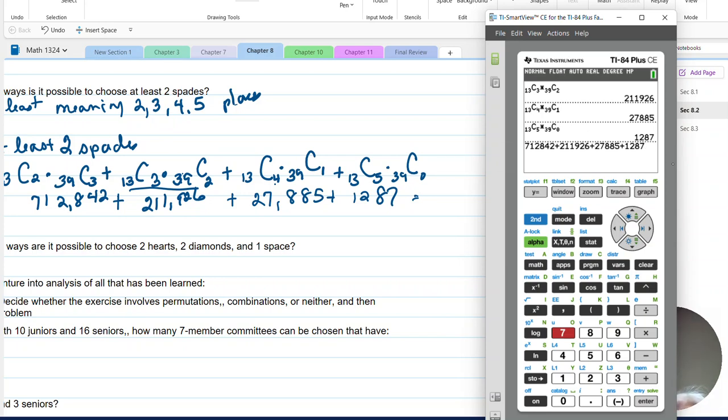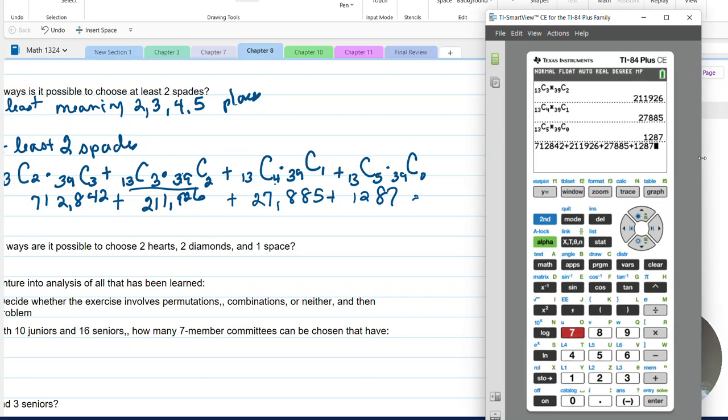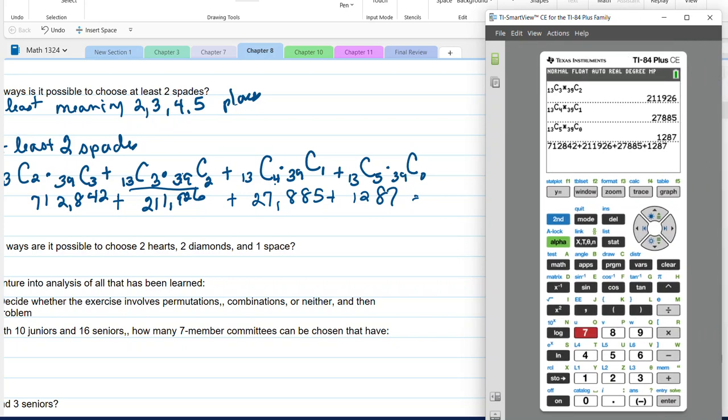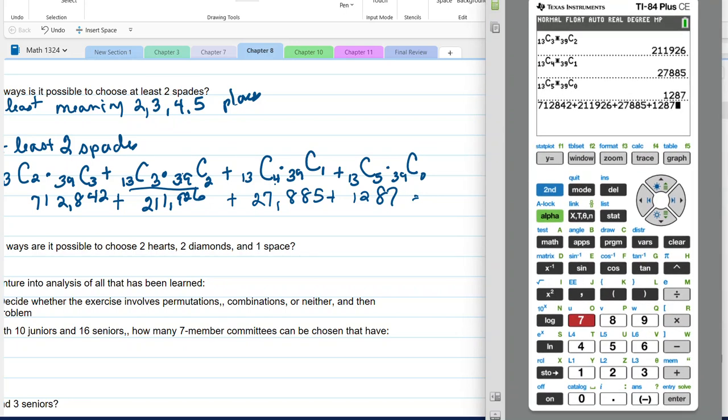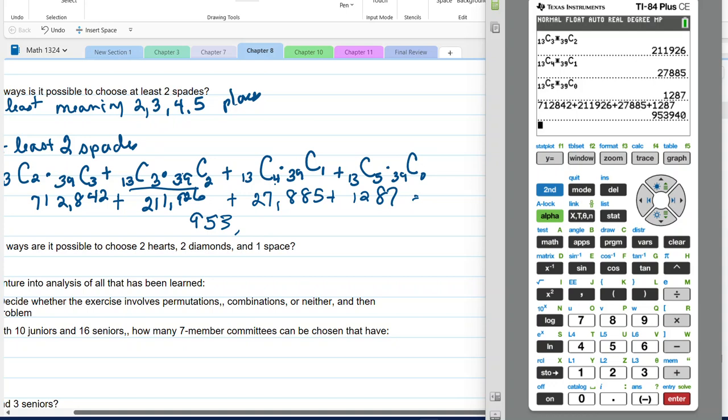Make the calculator bigger. So 1287. Yes. Good. Just making sure. So how many? 9,953,940.